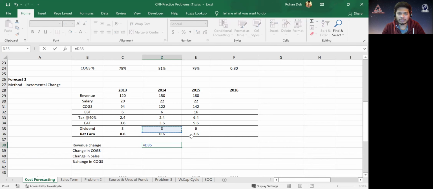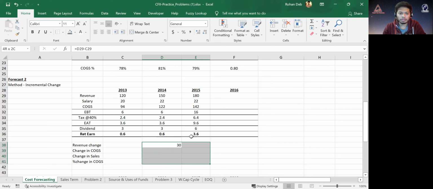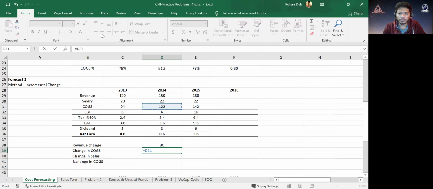Revenue has increased by 150 minus 120, so 30 rupees. I'll just put this in center line. Revenue has increased by 30 rupees and cost of goods sold has increased by 122 minus 94, so 28 rupees.